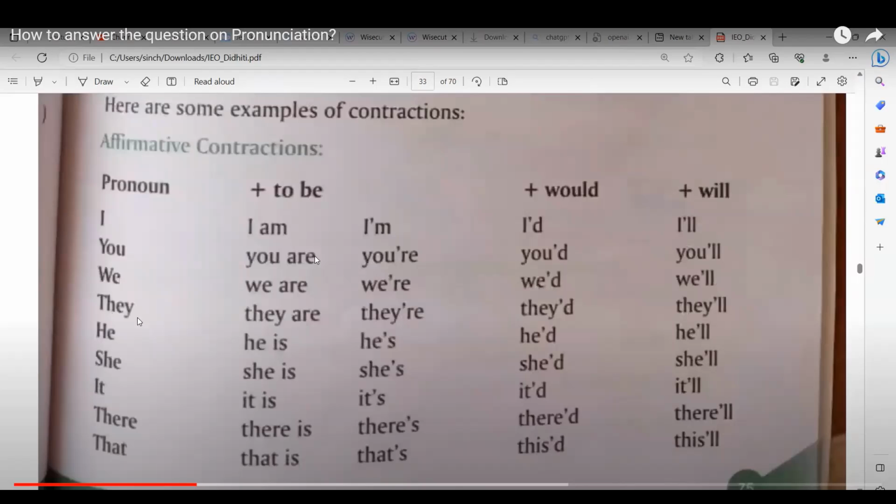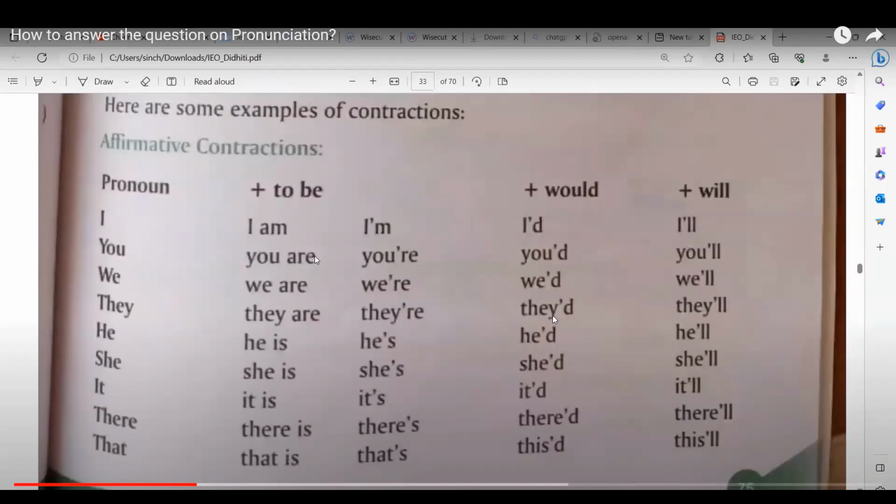Very good. Excellent. Okay, now can you explain it, Shruti? At least read it, Shruti. They are. Then the apostrophe is they're.